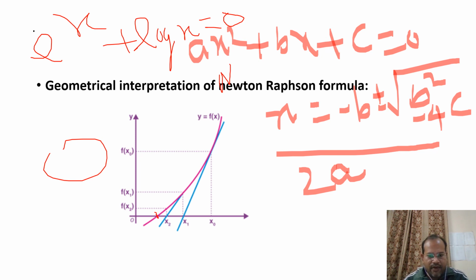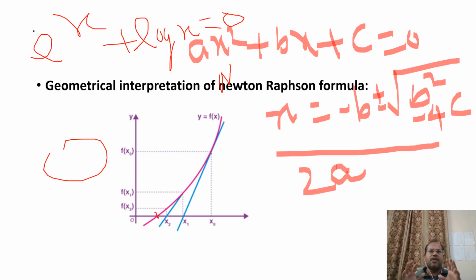So in place of finding directly the intersection of the curve, we find the intersection of the tangent at the starting point. We take an initial guess x naught, find the tangent, and take its intersection with the x-axis. Then we again find the tangent at x1 and f(x1) and again take the intersection.